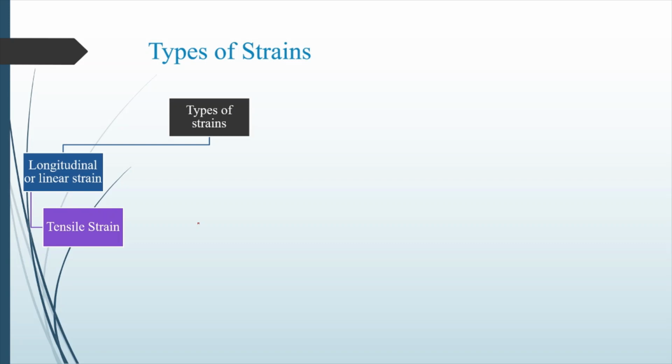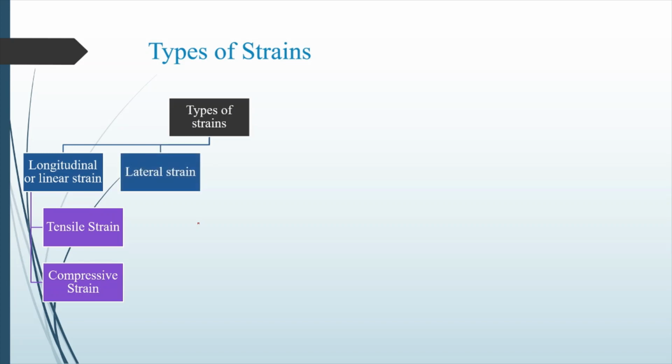The result of tensile stress will be tensile strain, and second one is compressive strain. It is the result of compressive stress. Next, lateral strain. We have discussed lateral strain in the earlier slide. It is a strain in the lateral direction.